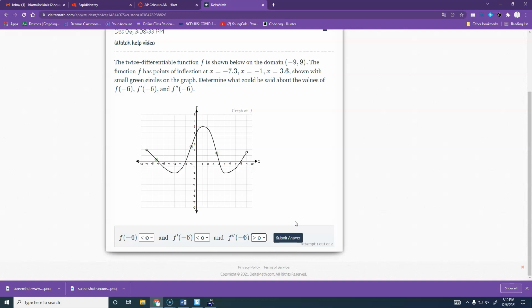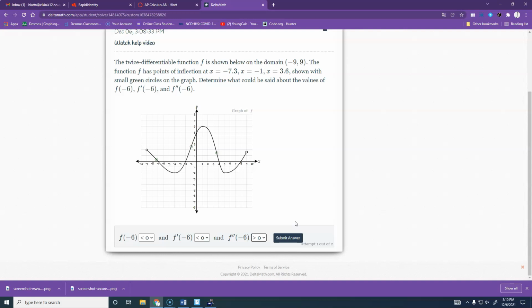Okay, now this one. And then this would be -3, 0 for f double prime. It would be only going one way. It would be only negative. And increasing. Yes, that's right. That should be right.